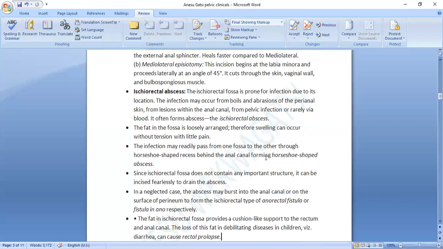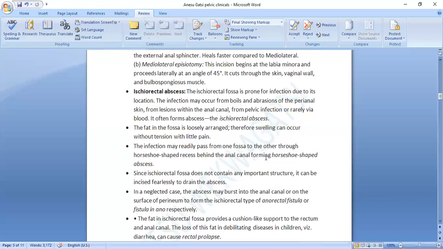And this fat would be important because if this abscess were to burst into the anal canal or the surface of the perineum, you then have what you call anorectal fistulas, or fistula in ano. An anorectal fistula is an abnormal communication between two organs. So with a fistula in ano, you have an abnormal opening on the surface of the perineal skin that leads into your anal canal.